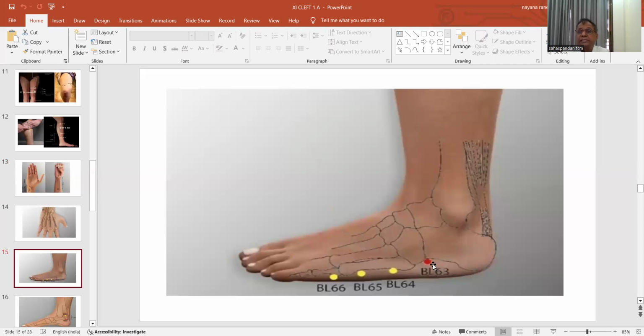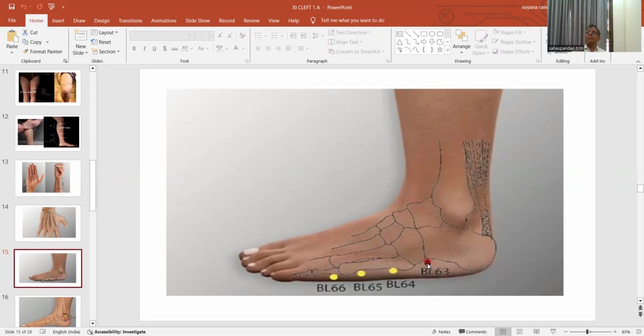So this is bladder 63, the red color point. This bladder 63 is indicated for sudden onset shen disorder, a mental disorder, sudden onset of mental disorder, sudden turmoil disorder, acute vomiting and diarrhea with cramp, epilepsy, and white tiger joint pain.